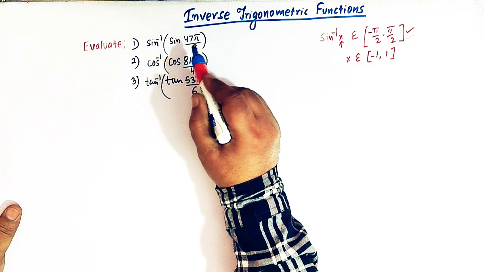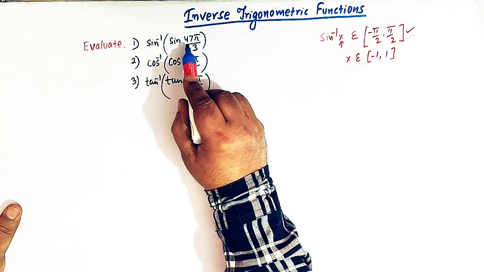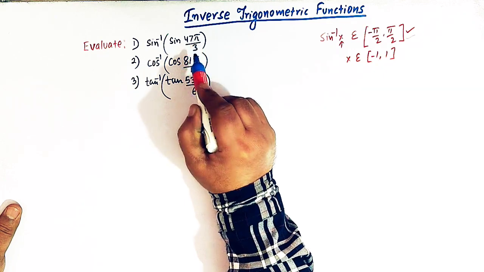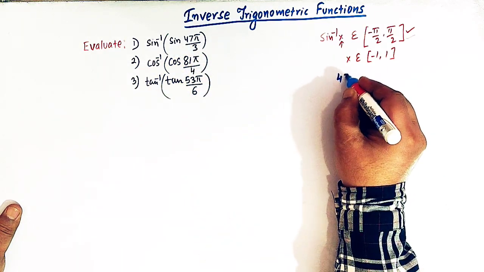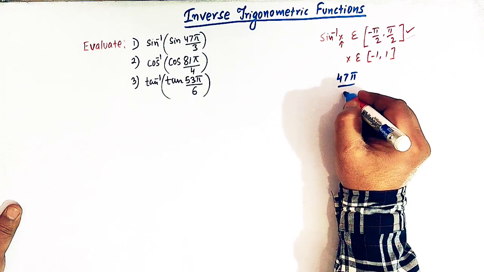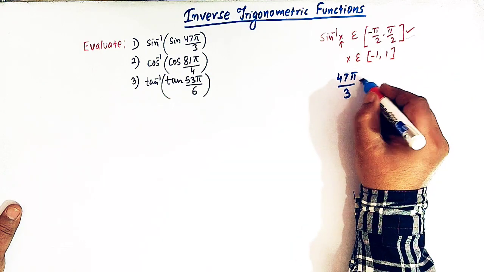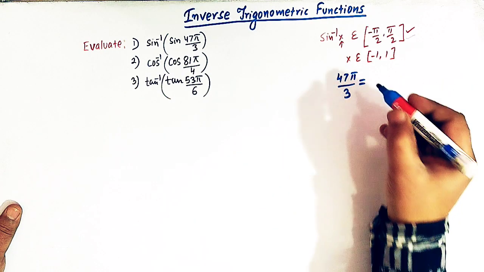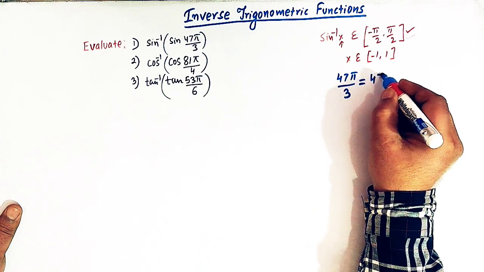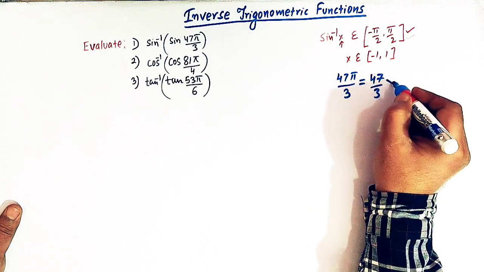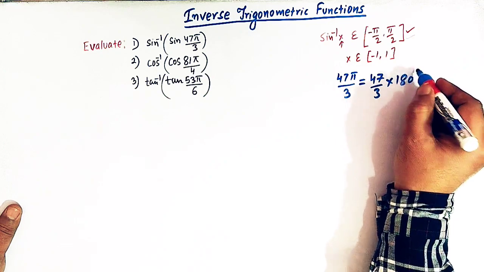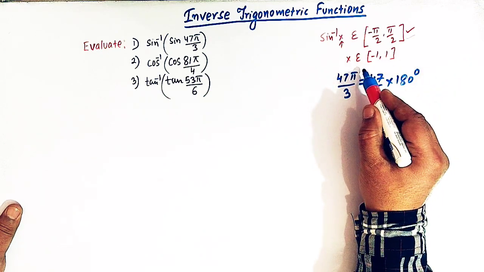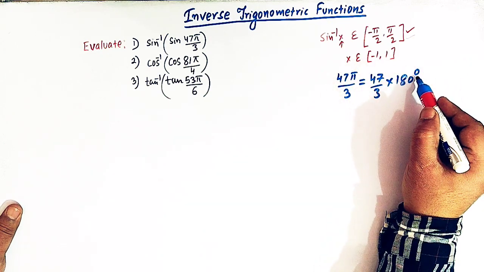Here we have the term 47 pi over 3, which can be converted into degrees. We can write 47 over 3 times 180 degrees, because pi radians is equal to 180 degrees.